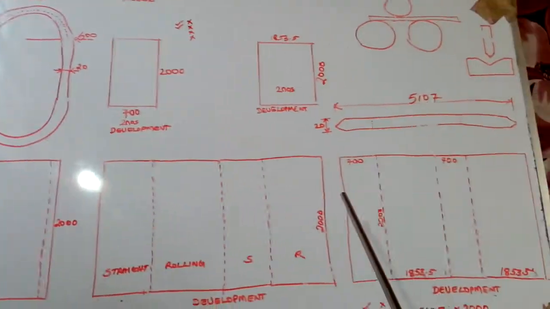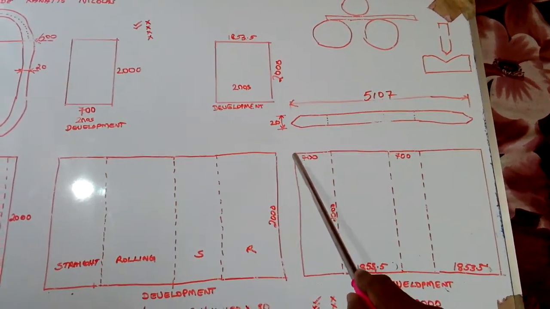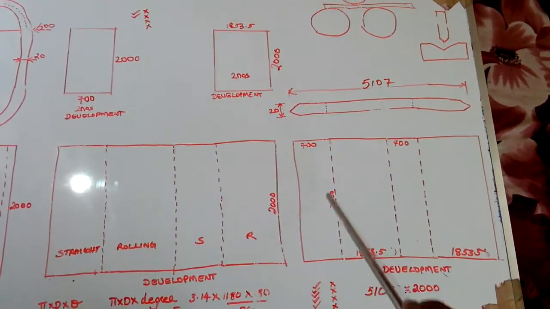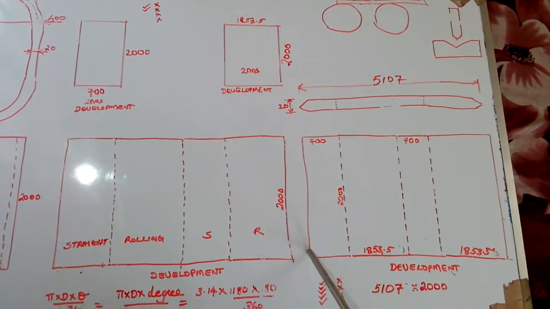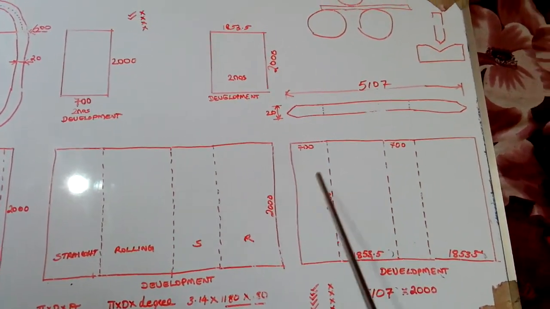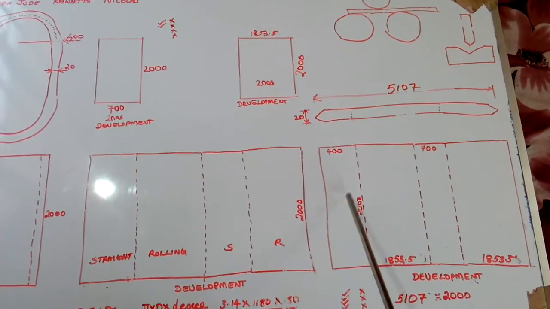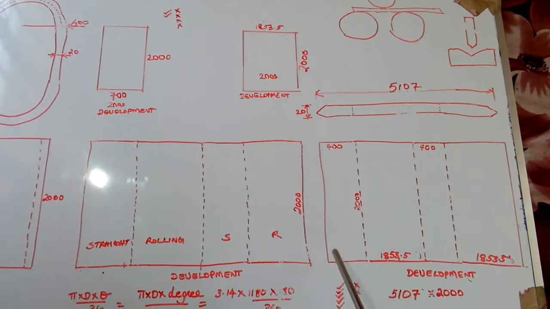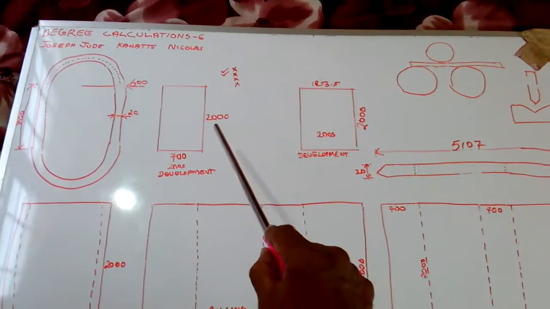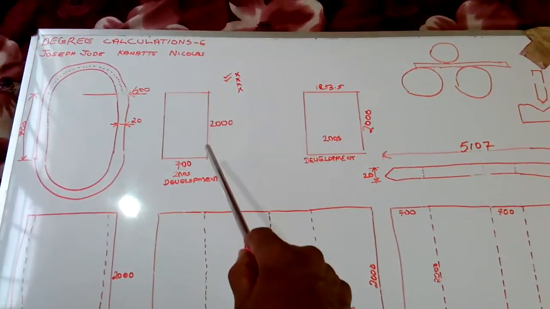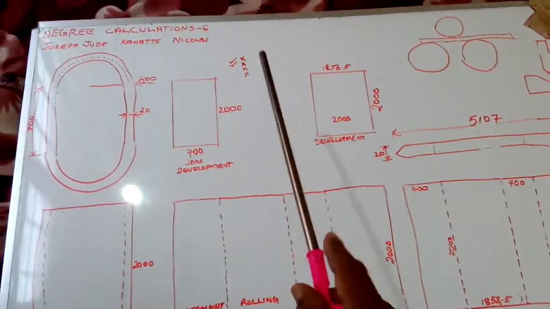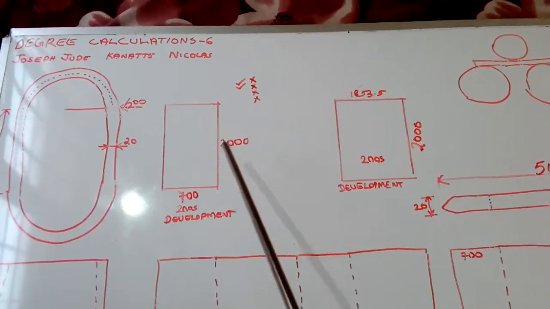So if you make one 700 into 2000, two places, one is for this place, one is for this place, this area. This 700 into 2000 area I have drawn here, but it doesn't have more length and width because there is enough place. So it is also a 700 into 2000.